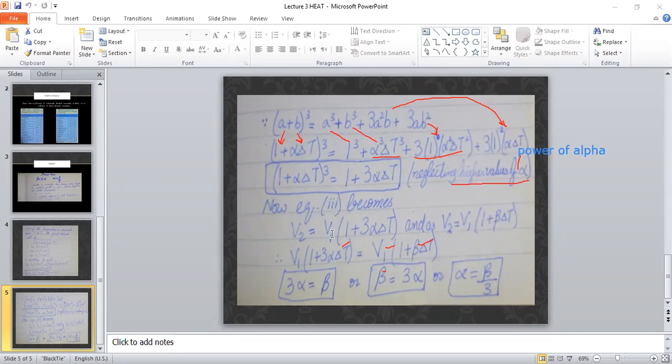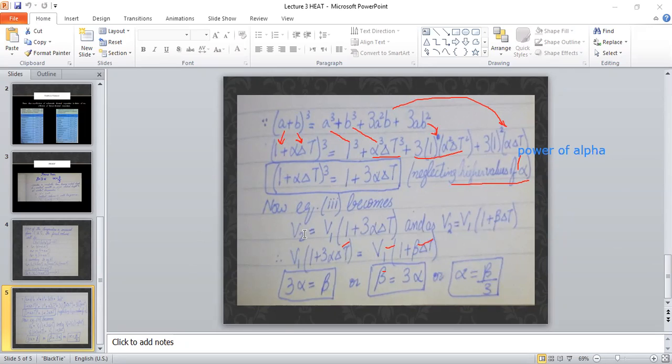Now equation 3 becomes V2 equals V1 into 1 plus 3 alpha delta T, right? Since we have taken 1 plus alpha delta T cube after solving as 1 plus 3 alpha delta T, now V2 is equal to V1 into 1 plus 3 alpha delta T, and as V2 equals V1 into 1 plus beta delta T, which we derived yesterday, do you remember?